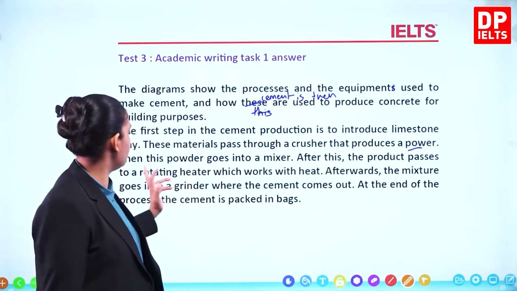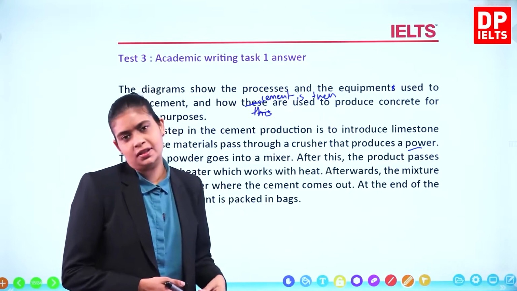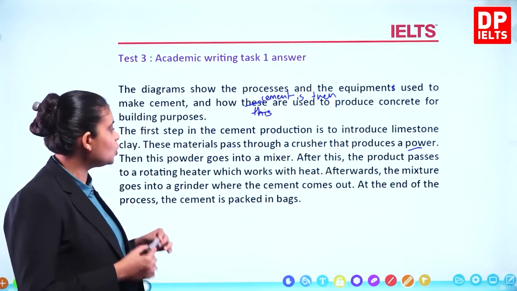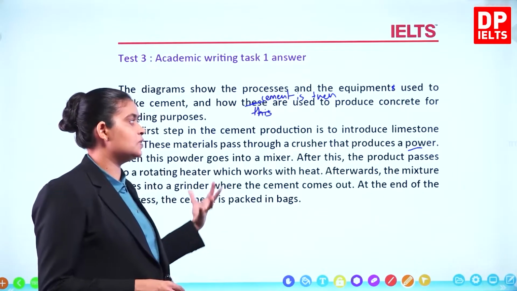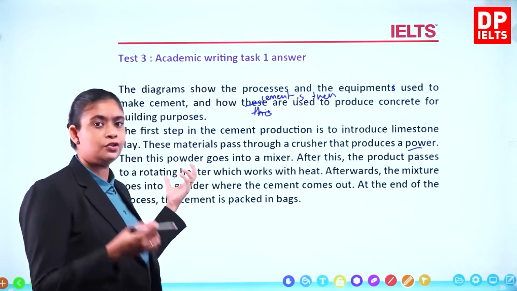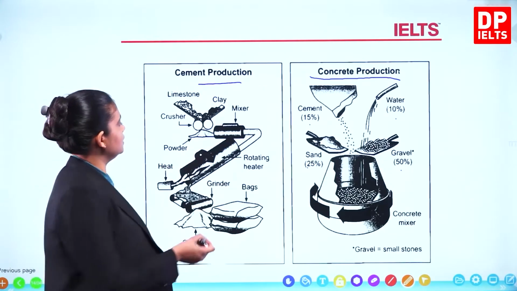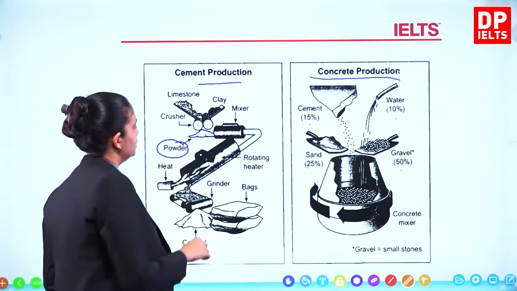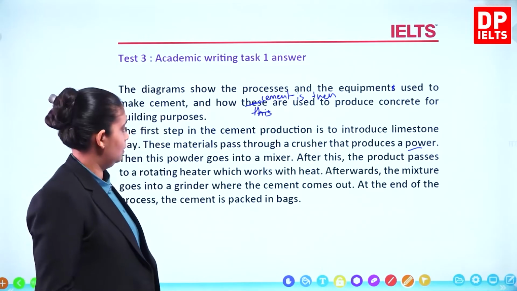After this, the product passes to... So I feel the student is writing the process, right? But it's not very, very clear, okay? There are spelling errors. When you say power and powder, there are 2 different meanings, right? So here I think the student is meaning the powder, right? But when you write power, it's completely different.